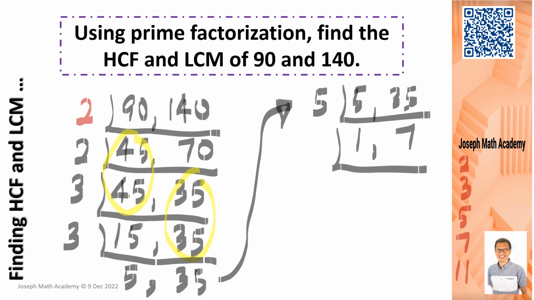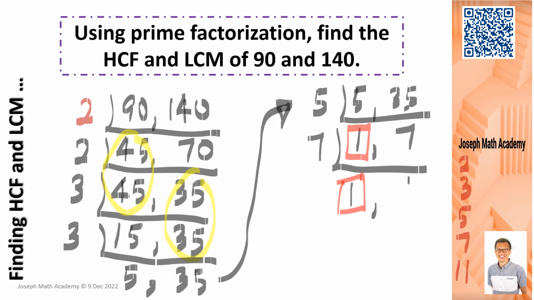So our repeated division for number 90 is done. It ends here. But we have to continue because of 7. So 1 ends, so we just copy down.